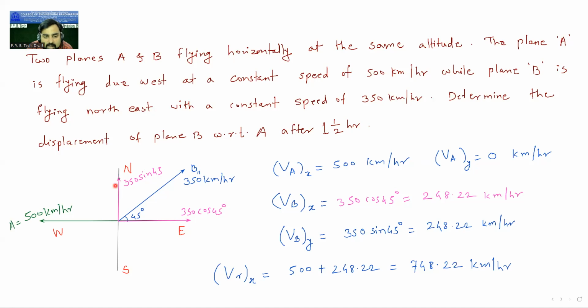Relative velocity in y direction. So in y direction, this is 350 sin 45, and here there is no velocity component in y direction, so this is 0.